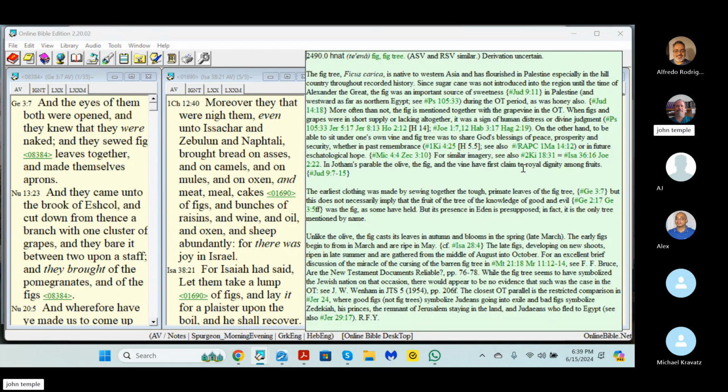I could read this, but when we do the Theological Dictionary of the New Testament, sometimes it covers most of these verses, so that's the way we'll do that.